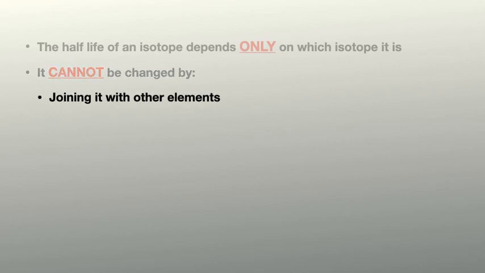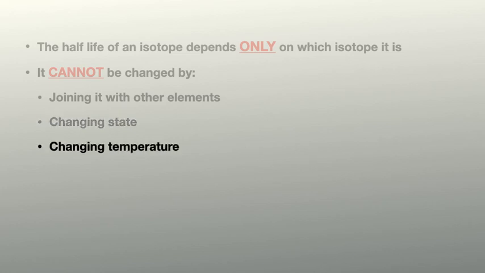You can join it up with other elements to make compounds. You can mix it with other things. Won't make any difference to the half-life. You can change the state, melt it, dissolve it, whatever you like. It won't change the half-life. You can heat it up, cool it down, anything you like. It won't change the half-life. Nothing changes the half-life of a radioisotope. And that's going to turn out to be very useful in a later video.